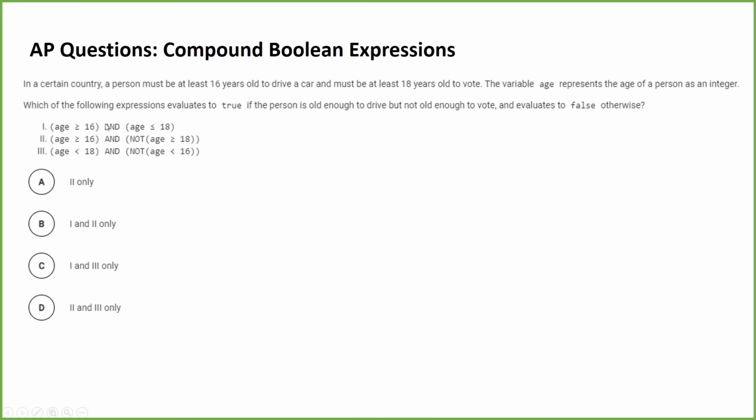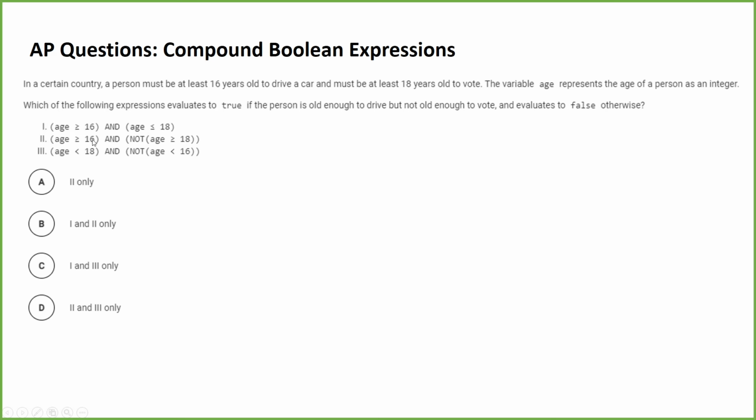I guess that's not going to find what I'm looking for, which is the person old enough to drive but not old enough to vote. That would give me a true, wouldn't it, for 18? And at 18, you are old enough to vote. So I don't want true, I want false for that. So no, that doesn't work.